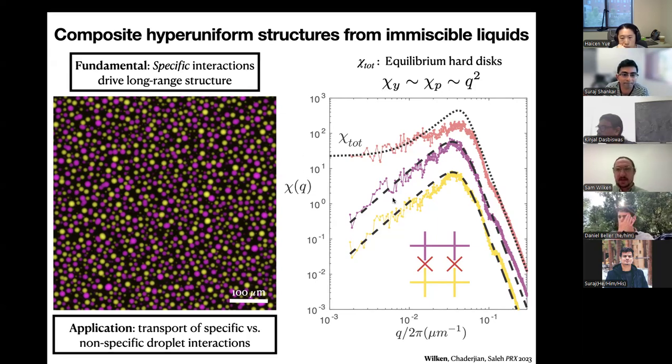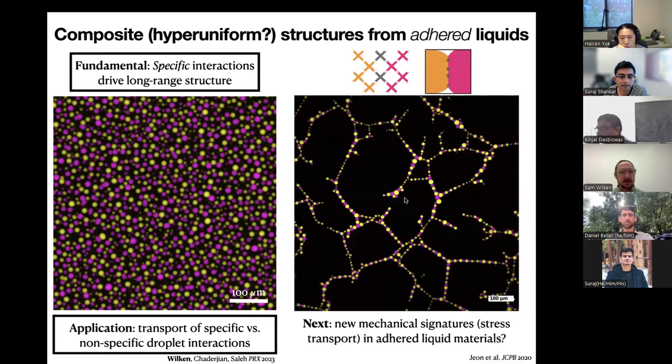Okay. Yeah, no, it's certainly something we're very interested in. Okay. The last thing I want to say about this point is I sort of mentioned a possible application for biomolecular transport, but we've also done some experiments where you can connect these droplets with these sort of surfactant particles that contain sticky ends from both of them.